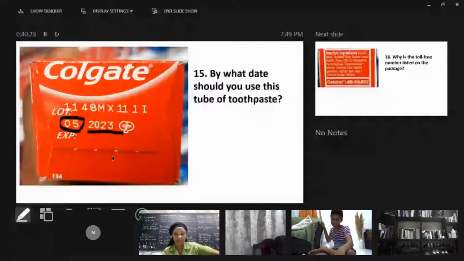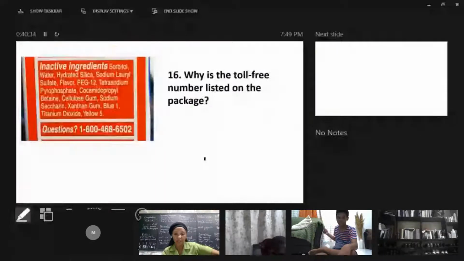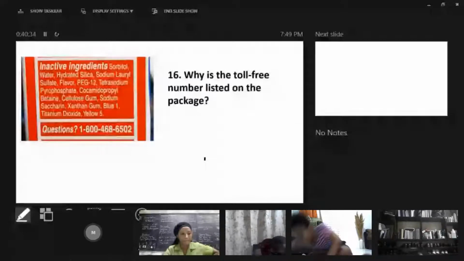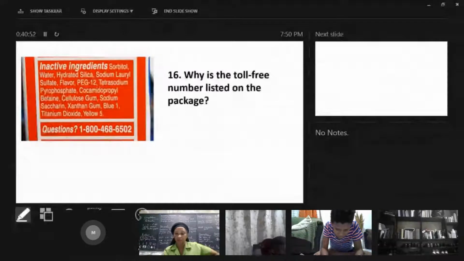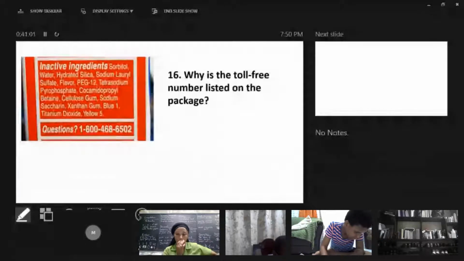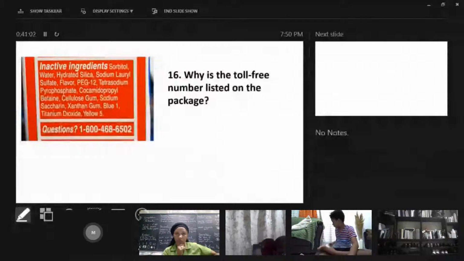All right, Madison's last question. Number 16: Why is the toll-free number listed on the package? I'd say it's listed on the package in case the product has harmed you or caused physical damage to your body, and you can call the number without paying to call.